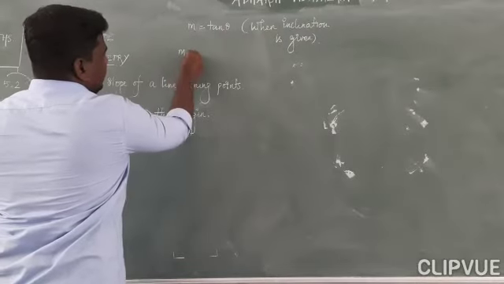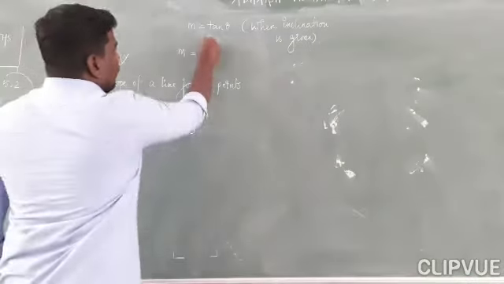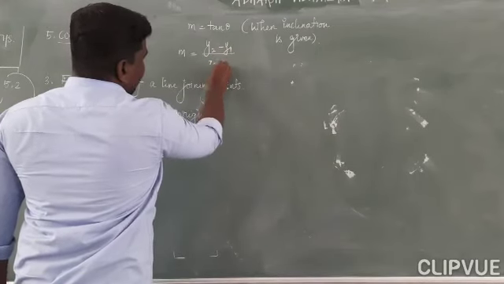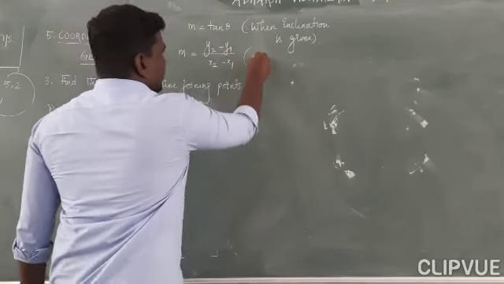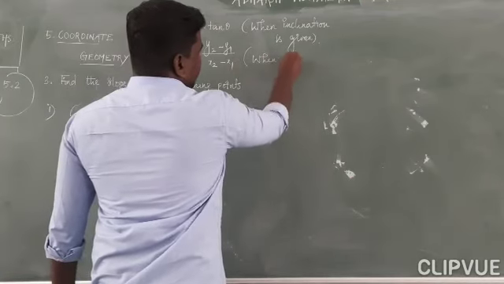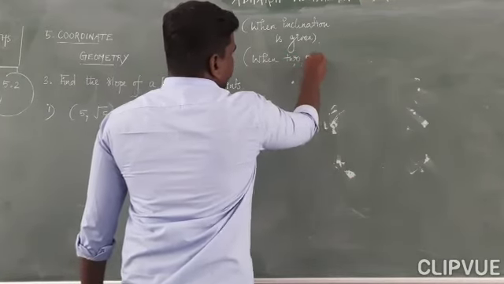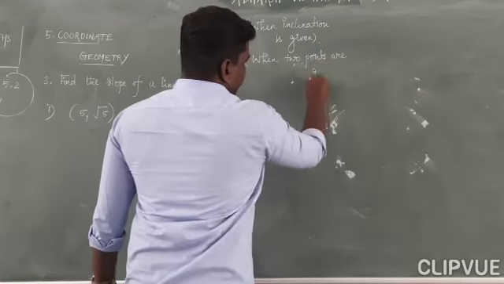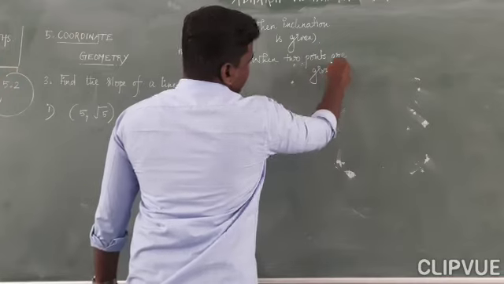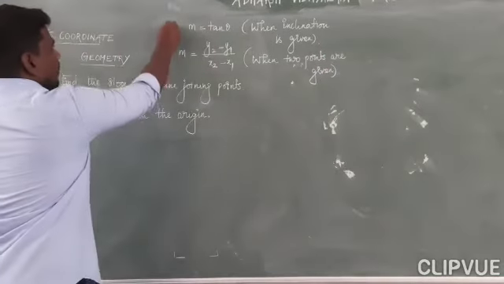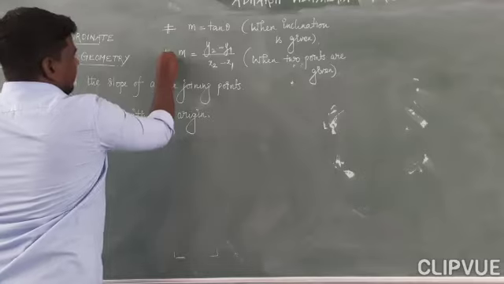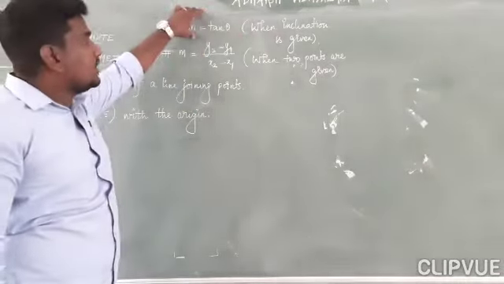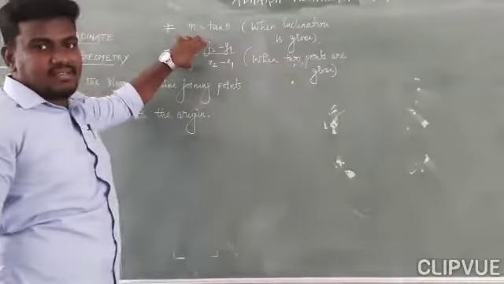And one more formula you have learned, m is equal to y2 minus y1 by x2 minus x1, when two points are given. These two are very important. If the angle of inclination is given, you can take the first formula. If points are given, you can take the second one.